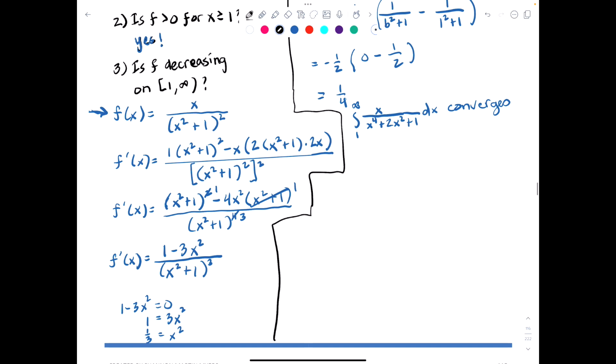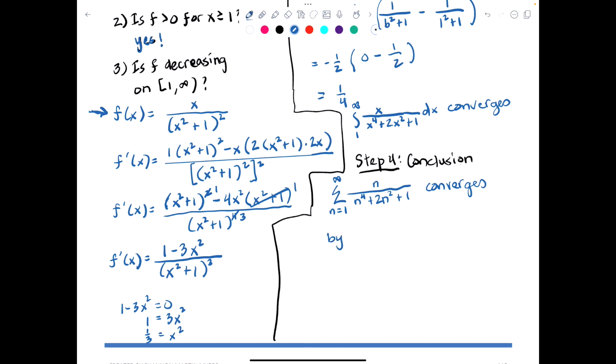So now our conclusion, step 4, conclusion. The summation from n equals 1 to infinity of n over n to the 4th plus 2n squared plus 1 converges by the integral test.